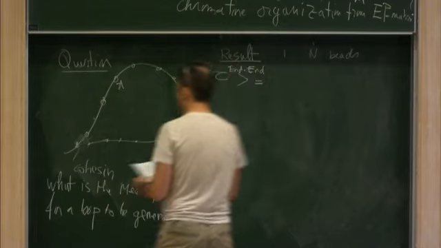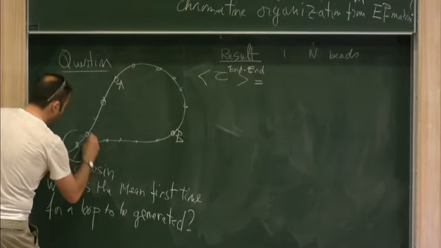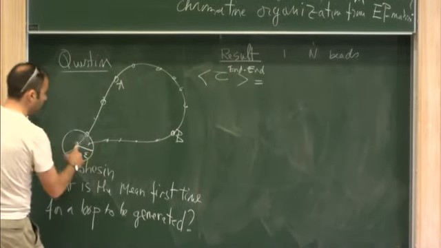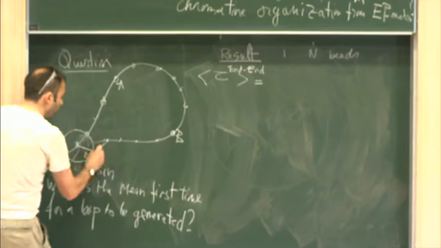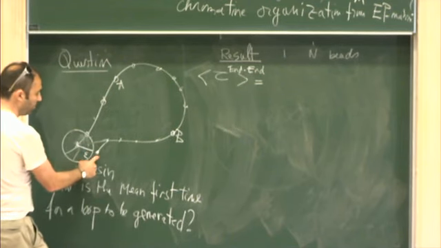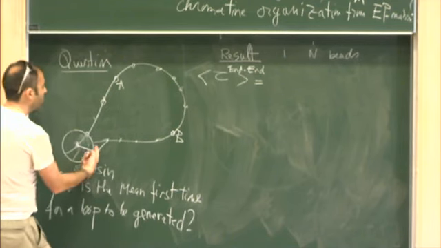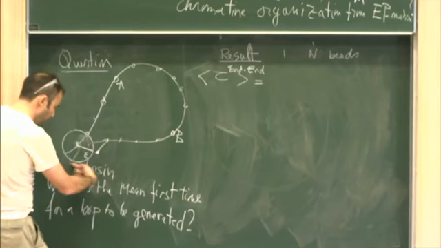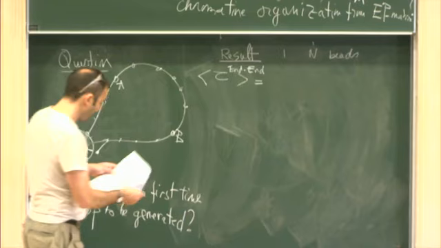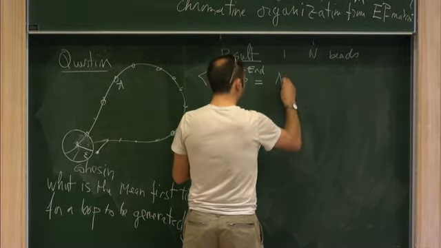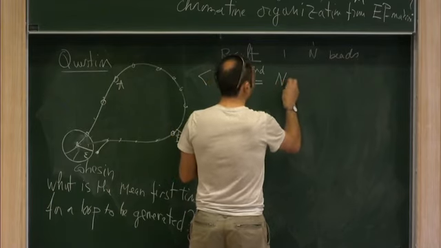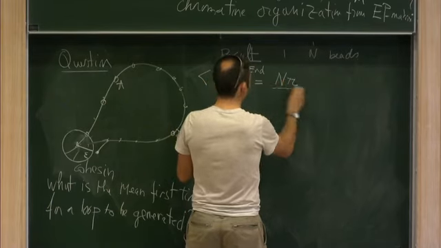Epsilon is the radius: you fix a radius of size epsilon, and you say a loop forms for the first time when the second extremity enters for the first time this ball of radius epsilon. So the mean first passage time turned out to be, and this is what I want to discuss today, N pi divided by kappa.